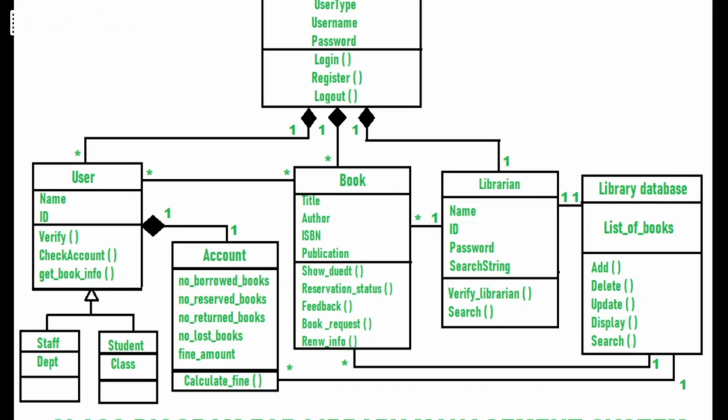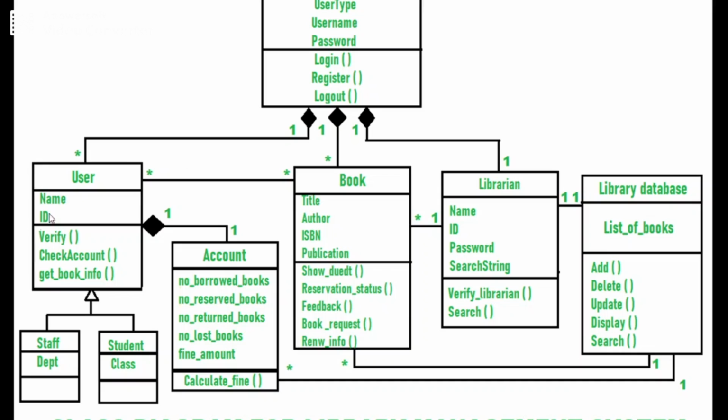It also shows the association between these classes, that is the type of relationship between these classes. Can you see here? Library management system 1 and user. What is the relationship? 1 to n, 1:n. This system can be used by n users.